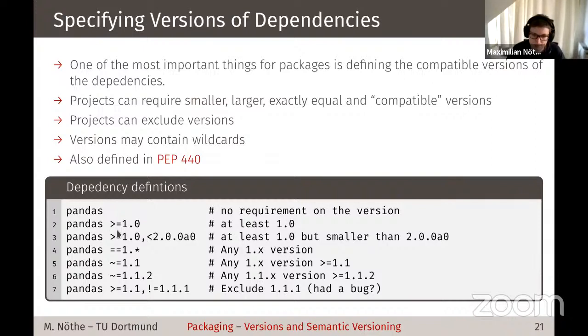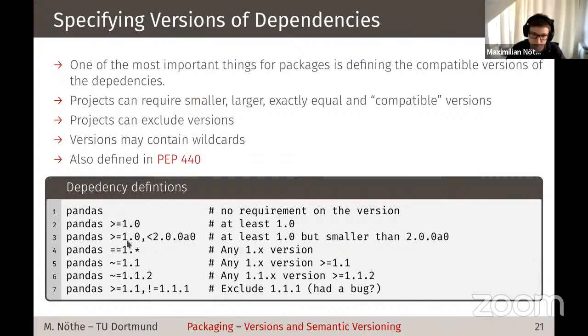The next most common thing is to require at least some lower version. So you, for example, know that you require features that were introduced in Pandas 1.0, then you want to require at least this version of Pandas. And Pandas, for example, uses semantic versioning.